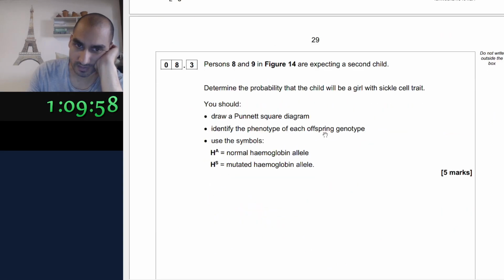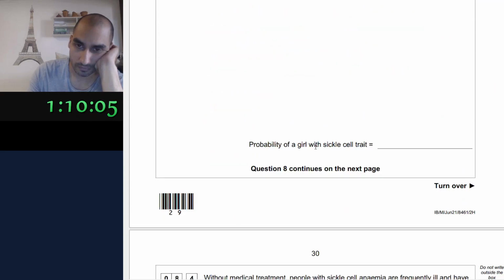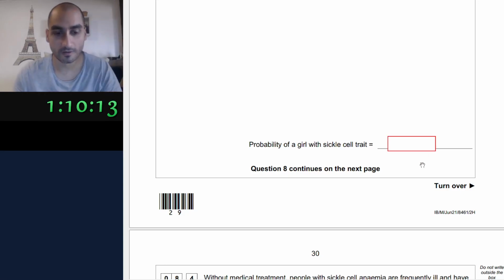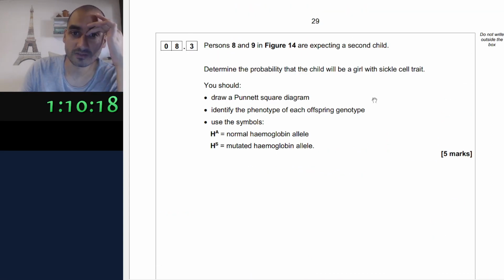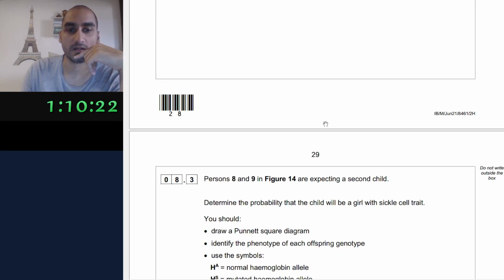Why is this 5 marks? And what is all this? What's a Punnett square diagram? Well, I think I know the answer. I think it's 50%. But why do I have to do all this? Okay. Alright, fine. I'll draw a diagram.